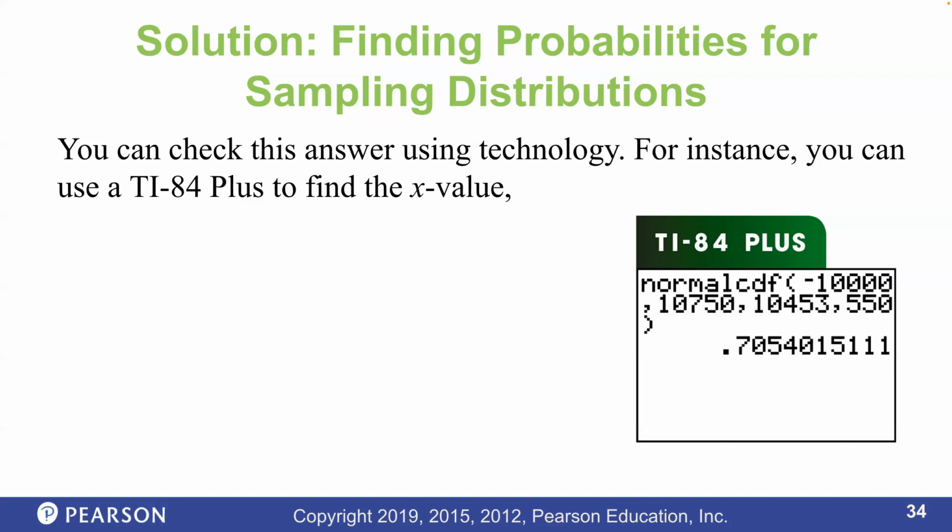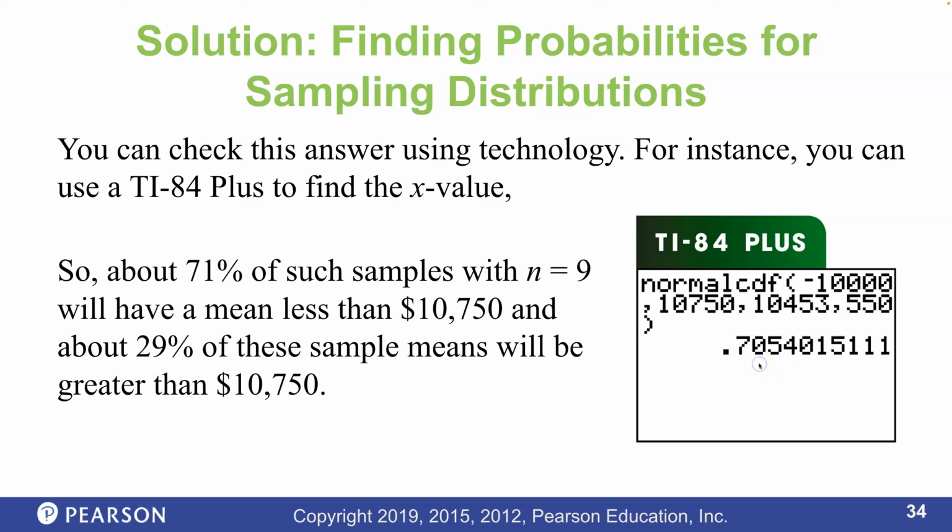Now they're talking about how you can check this answer using technology. For instance, with a TI-84 Plus you can use the normal CDF. You enter the lower limit, the upper limit, the mean and the standard deviation in order, separated by commas, and it will give you the same probability.